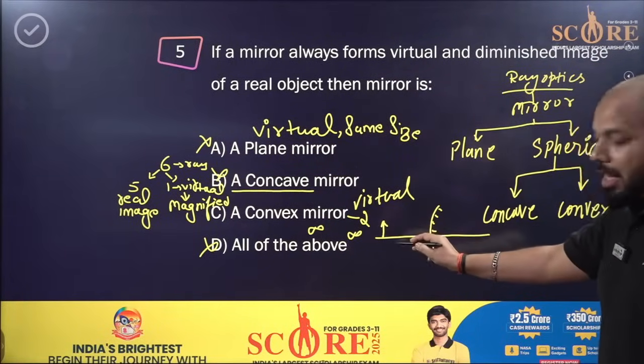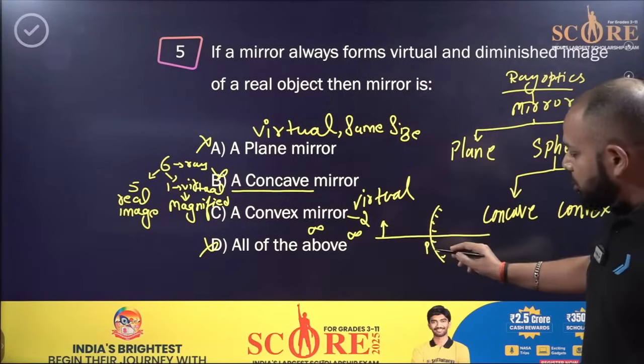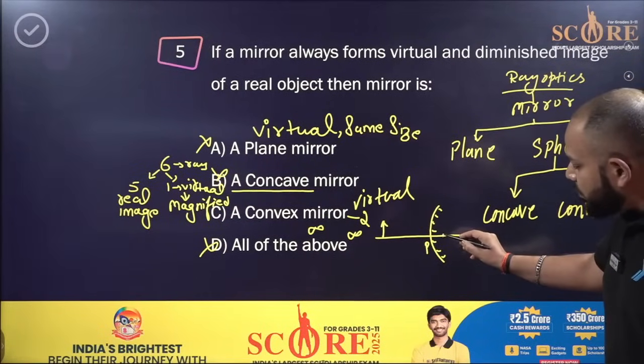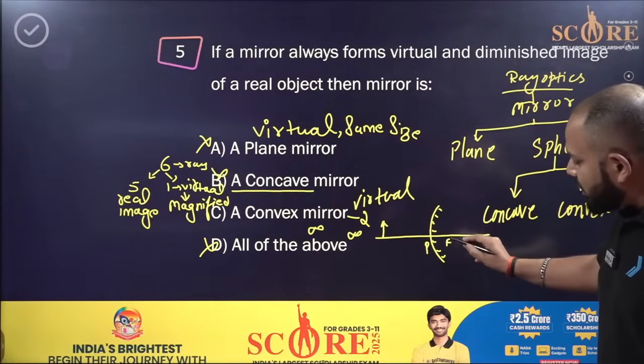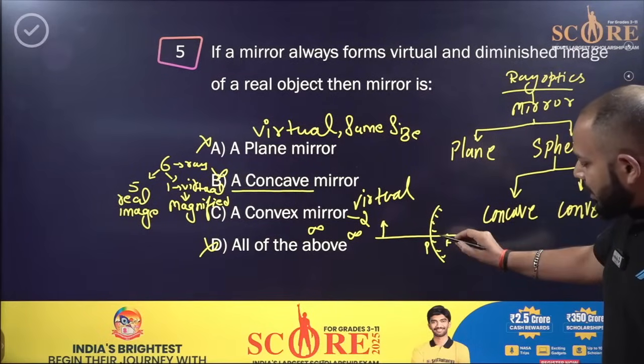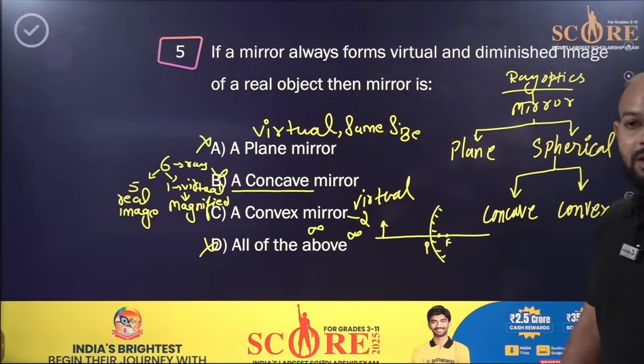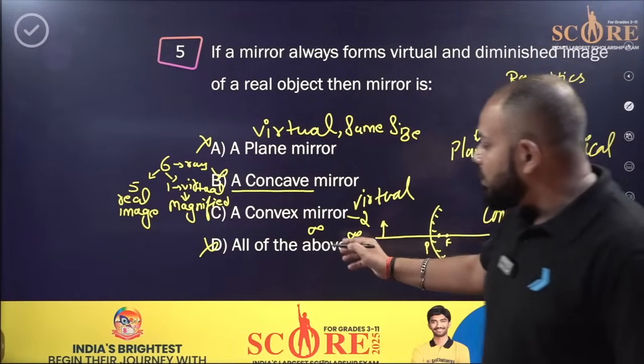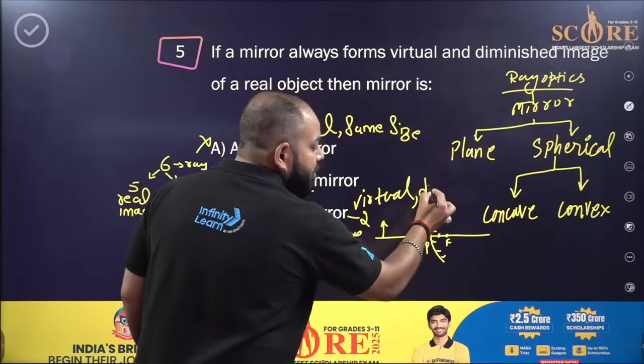For both positions of the object, the image is always formed, one at the focus, that is very diminished, and one between the pole and focus. So in both conditions it gives you a virtual and diminished image.